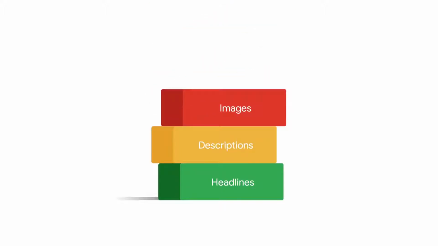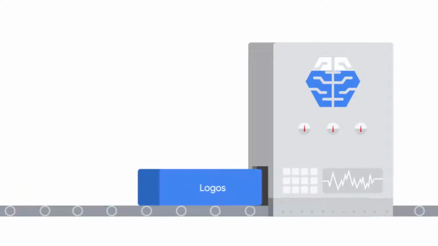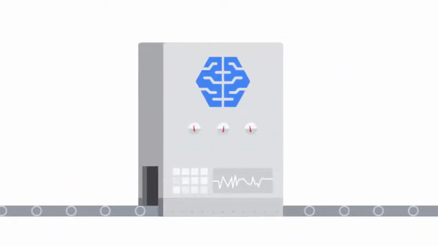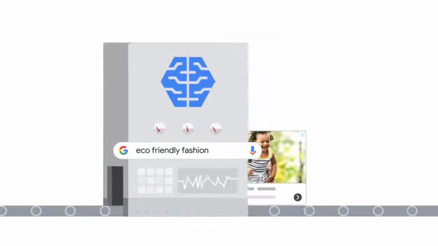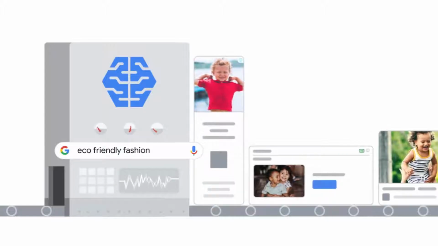Responsive display ads are a form of asset-based ads that show up on the Google Display Network. An asset is part of an ad, such as a headline, description, image, or logo. To create responsive display ads, you upload assets into Google Ads. Then, machine learning algorithms combine these assets in countless combinations while continuously optimizing for performance.